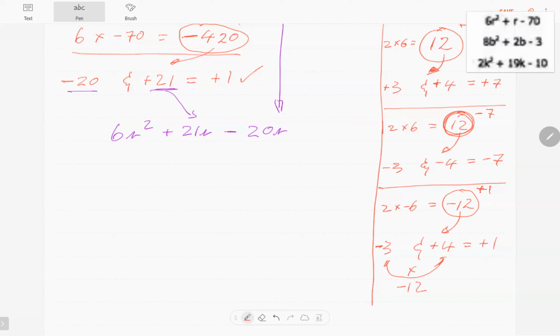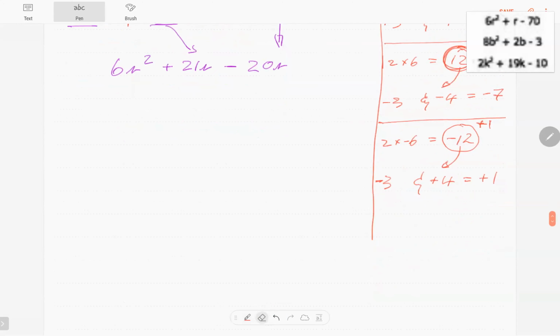That's it. Right? If we had another example, here it was 2 times negative 6 again, negative 12. But this time you want the middle term to be negative 1. Same thing again. This is a negative number. Factors of a negative number, one will be positive and one will be negative.